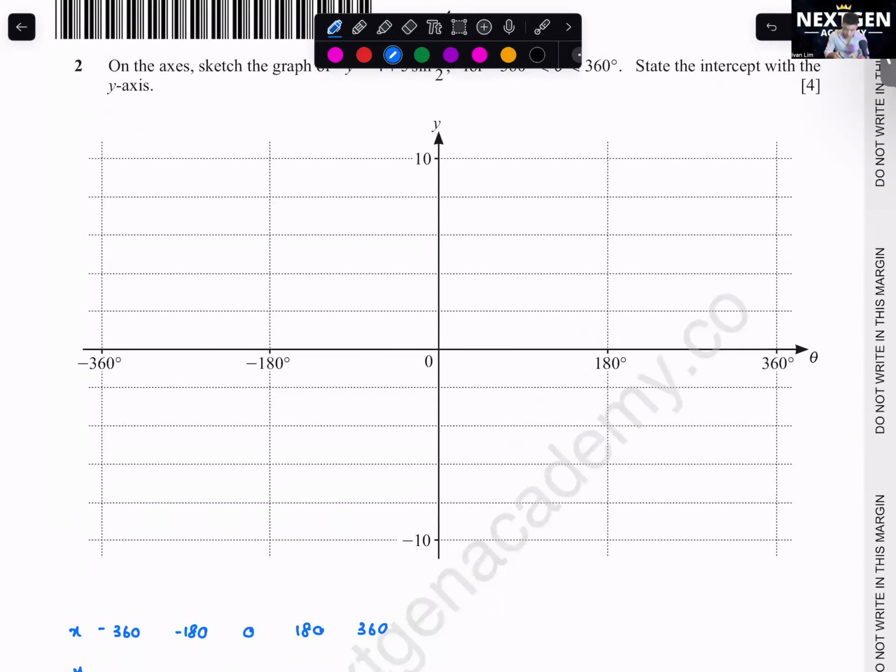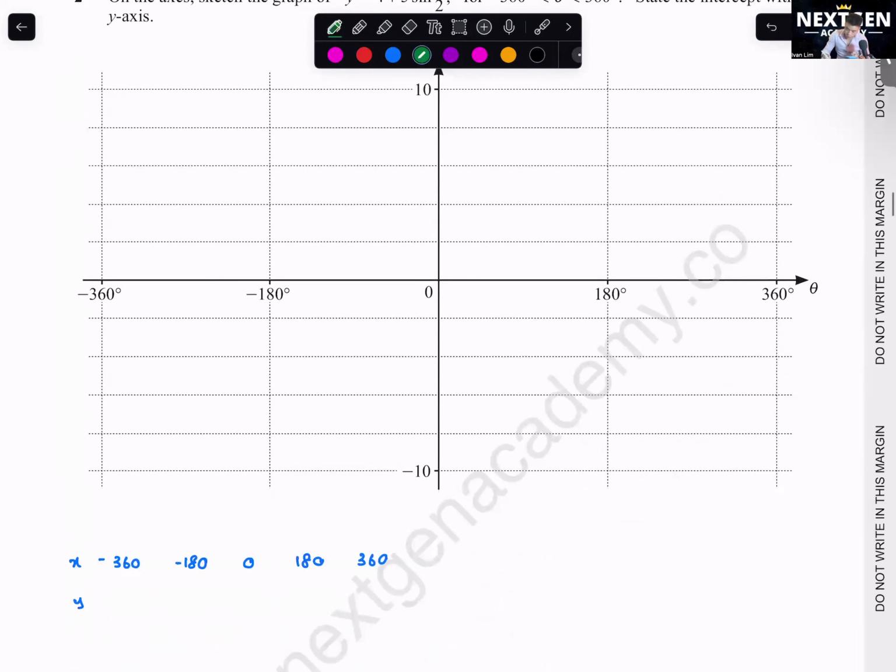I put on my calculator 4 plus 5 sine x over 2. Make sure it's in degree mode first. So minus 360, we'll get 4. Minus 180, we'll get minus 1. 0, 4. 180, 9. And the last one, 360, 4.